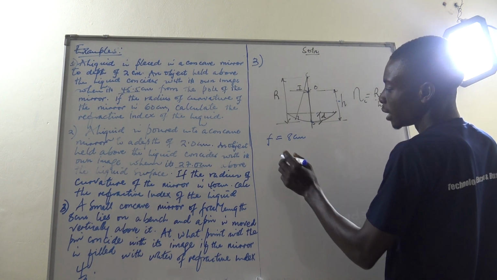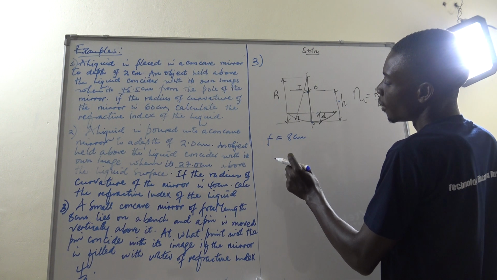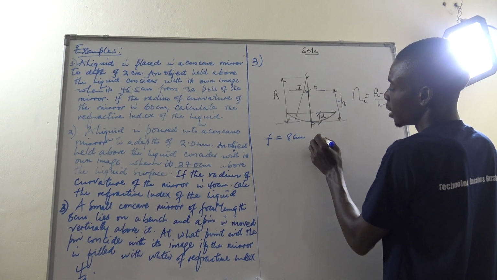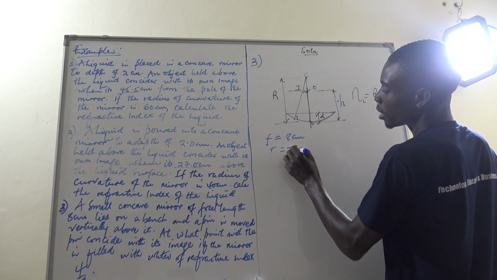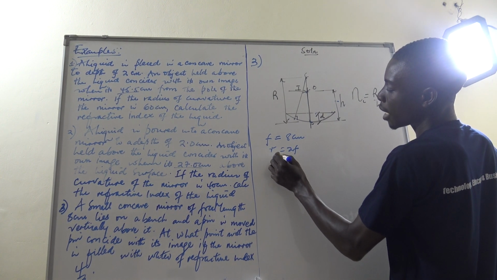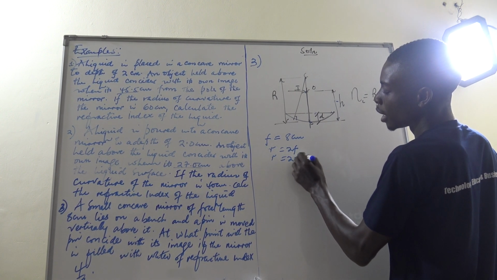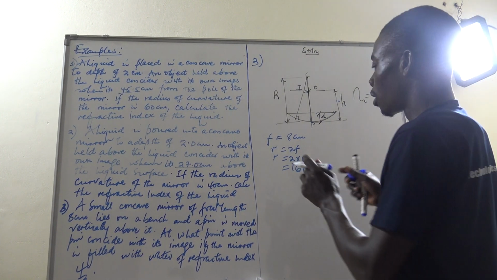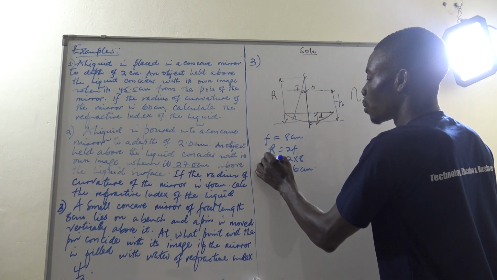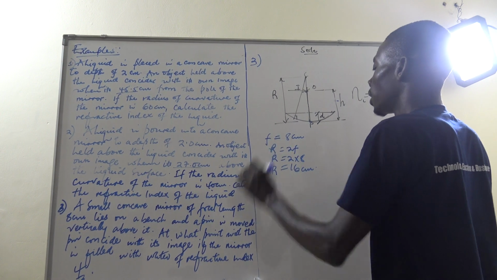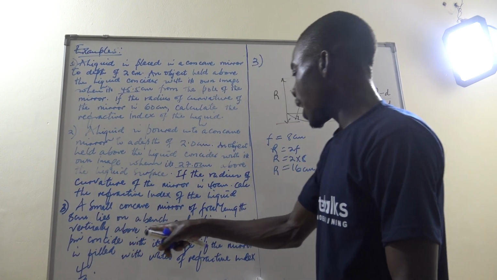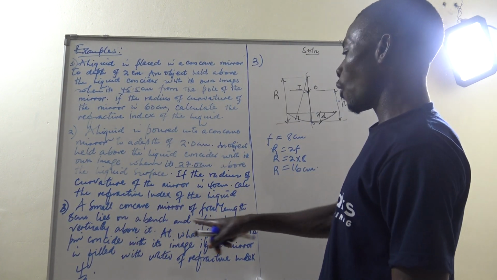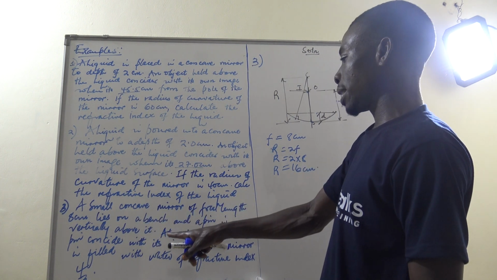We know that radius is twice f. So that means that my R is 2 times 8 to give me 16 centimeters. And I will use this to be consistent with my formula. A smaller concave mirror of focal length 8 centimeters lies on a base.